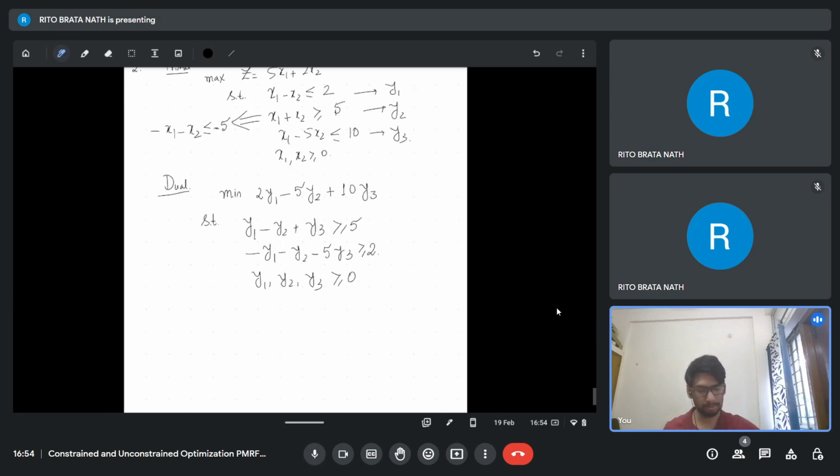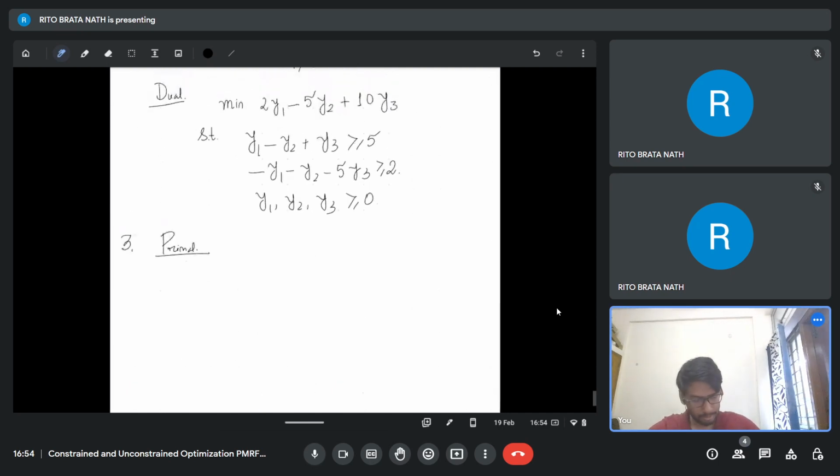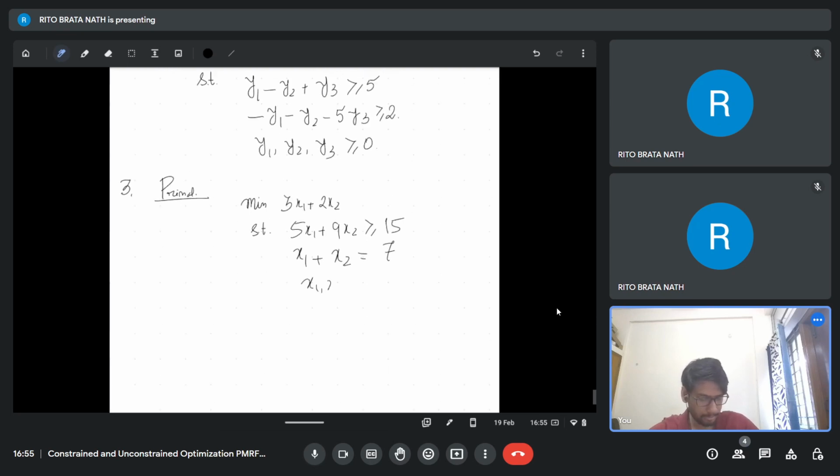So probably another example would be: say, min of 3x1 plus 2x2 subject to 5x1 plus 9x2 greater than or equal to 15, x1 plus x2 equals 7, and say x1 greater than or equal to 0.